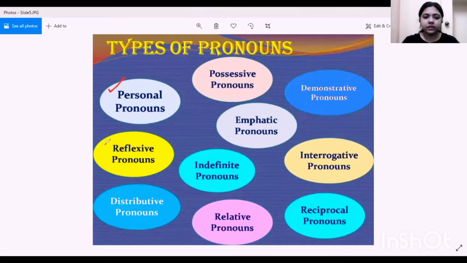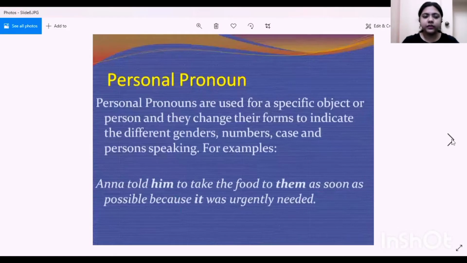Personal pronoun, reflexive pronoun, emphatic pronoun, possessive pronoun, demonstrative pronoun, interrogative pronouns, reciprocal pronouns, relative pronouns, distributive pronouns, and indefinite pronouns. All these we will be studying in this chapter under specific headings. So let us start with the first kind of pronoun, that is personal pronoun.